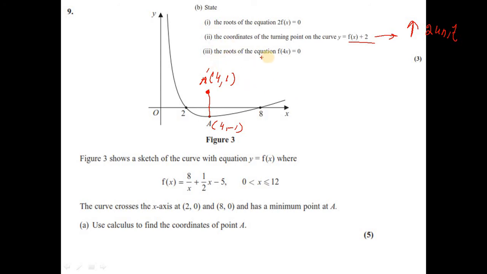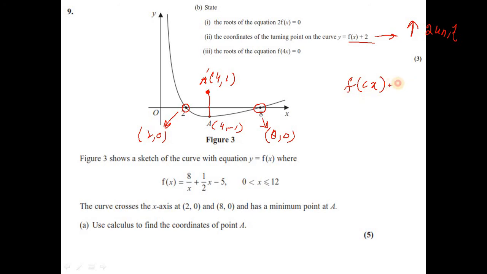The roots of the equation f of 4x. Remember, in the original the roots are 2 and 8, and the coordinates of these points are (2, 0) and (8, 0). And if we have f of cx, this is called horizontal stretching.